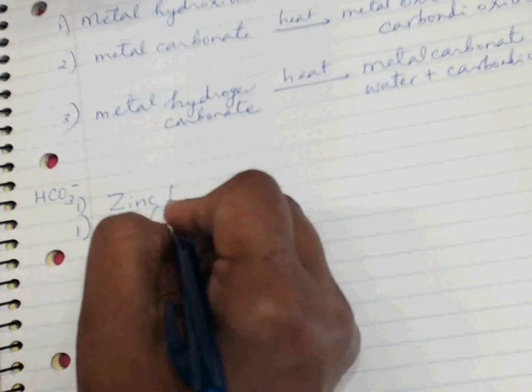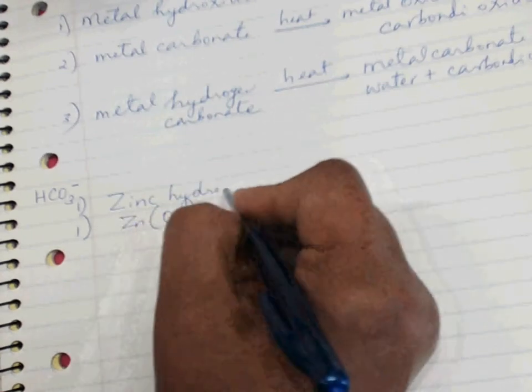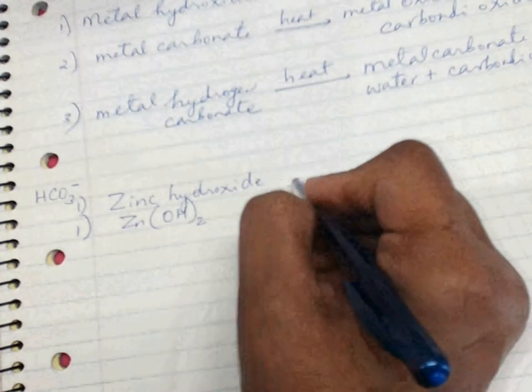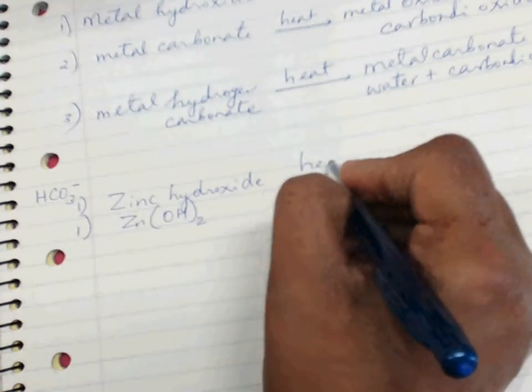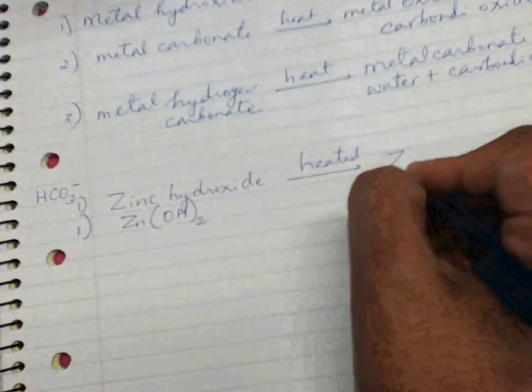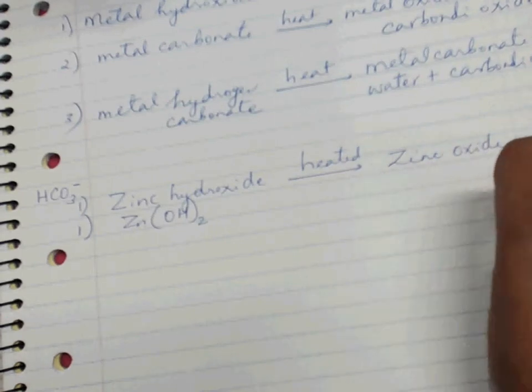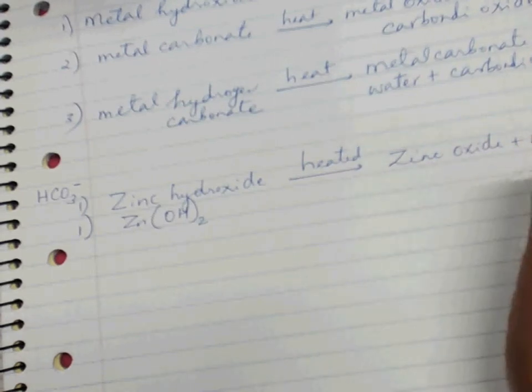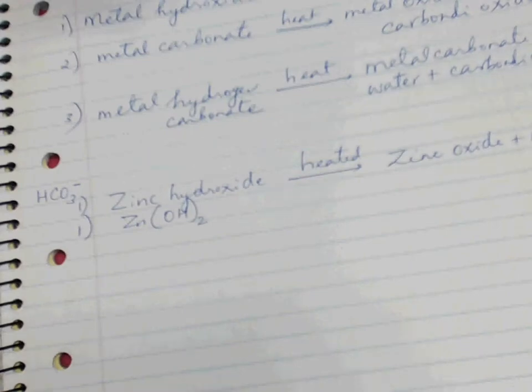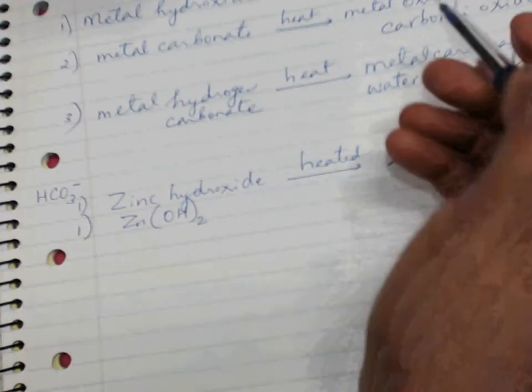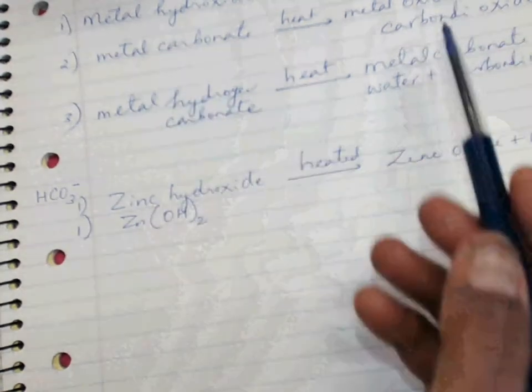Zinc hydroxide, when it is heated strongly, will form zinc oxide and water. Because that's what we wrote on top, right? A metal hydroxide decomposes to give you metal oxide and water.